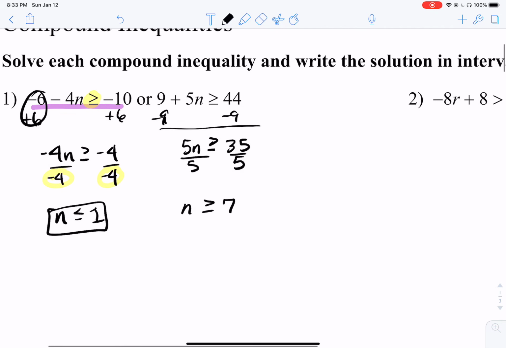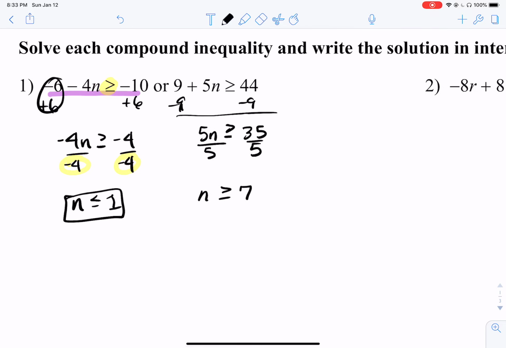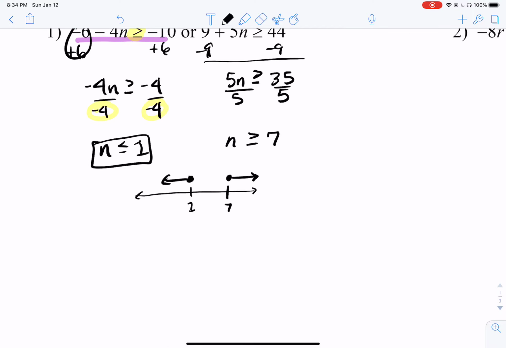Now remember, I want you to write the solution in interval notation, okay? So if we look at it as a graph, the values of n are less than or equal to 1, and then greater than or equal to 7. Our interval notation is going to look like this.